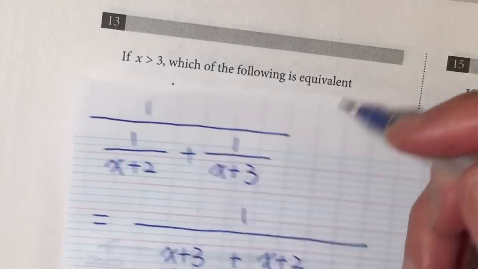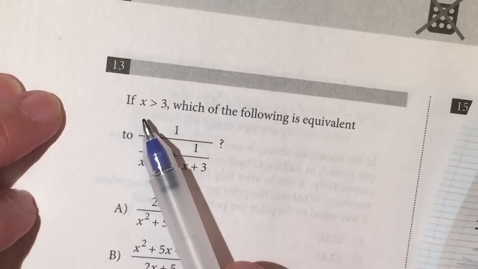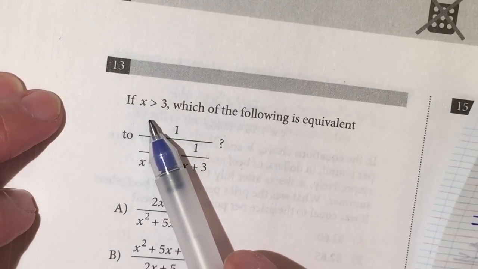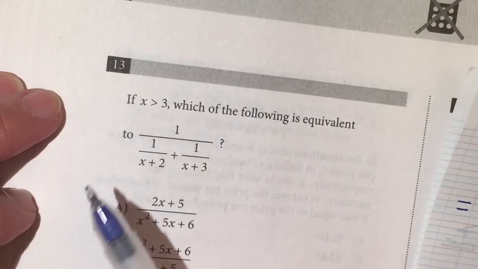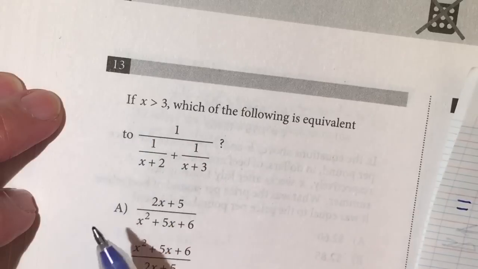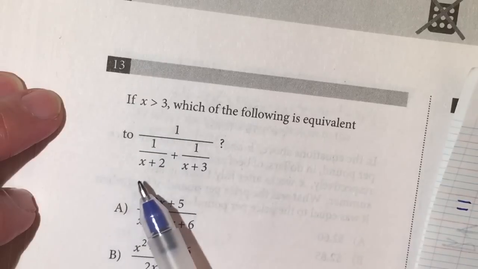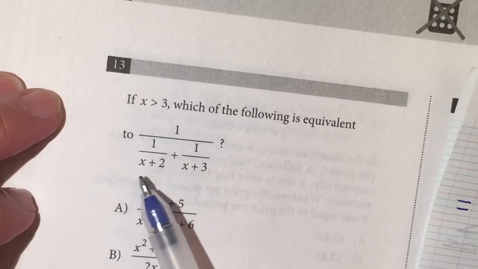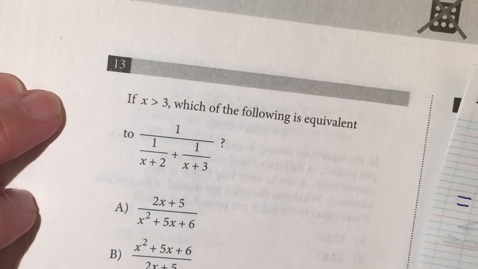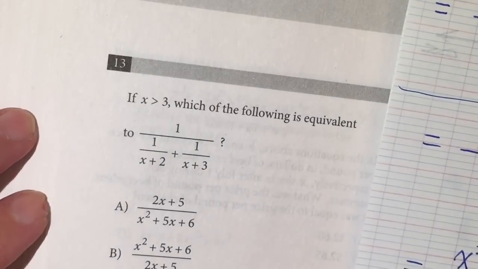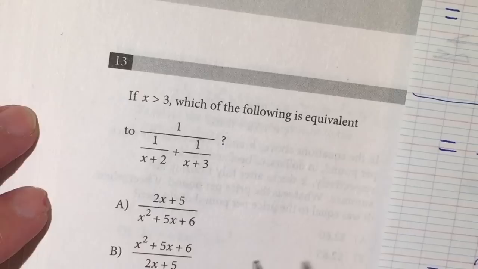And this problem is confusing because at the beginning it tells you that x is bigger than 3. It has nothing to do with this problem. As long as x is not equal to -3, not equal to -2, not equal to -5/2, we are okay.